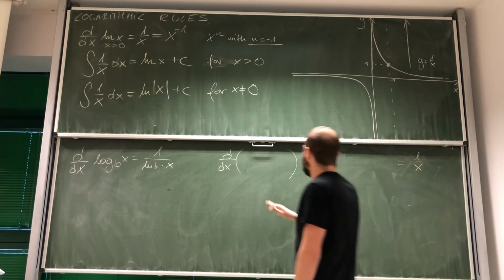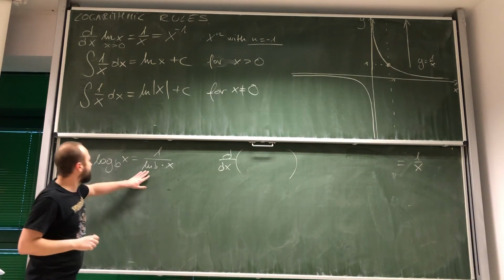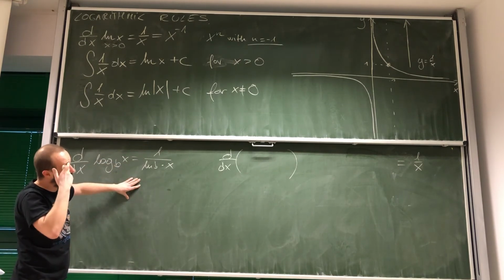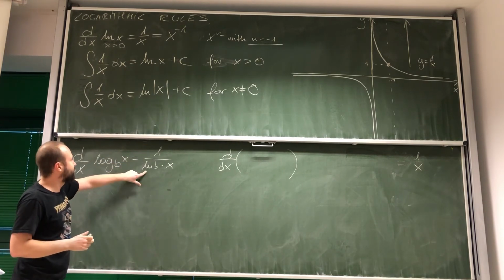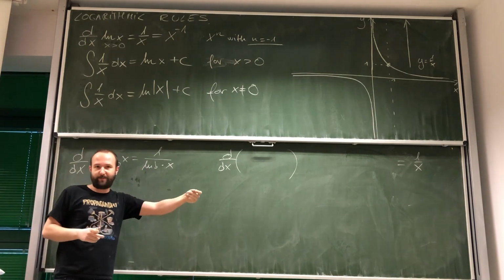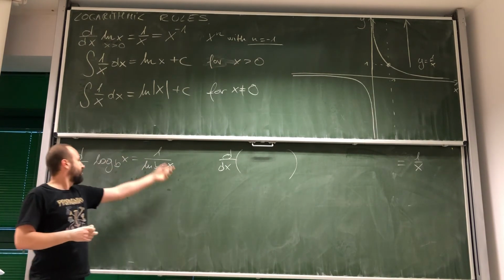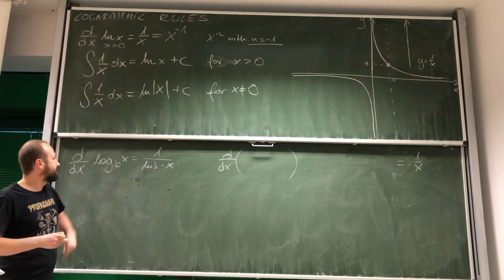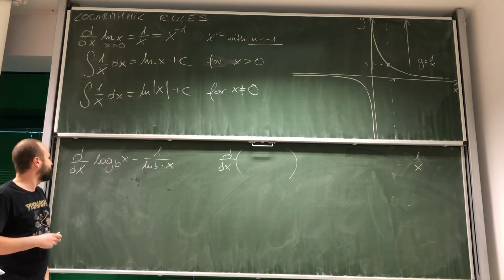Okay, and look, we can clearly see that before, in the case with the exponential function, we multiplied by ln b. So the key was to divide by ln b, and this is exactly the same thing we can do over here.